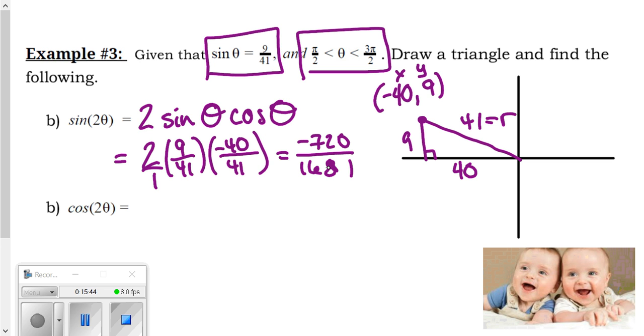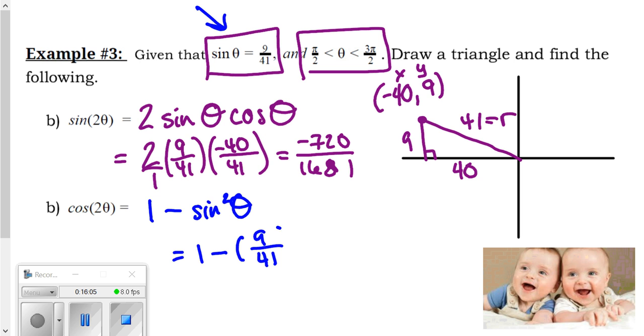Okay, now the last version of the cosine double angle identity, the one I haven't used yet, is 1 minus sine squared, sine of theta squared, okay? And again, the reason I would pick this one for this problem is that sine was given. So I know that that is a correct value, that I didn't mess something up. So I could just utilize it and do my arithmetic.